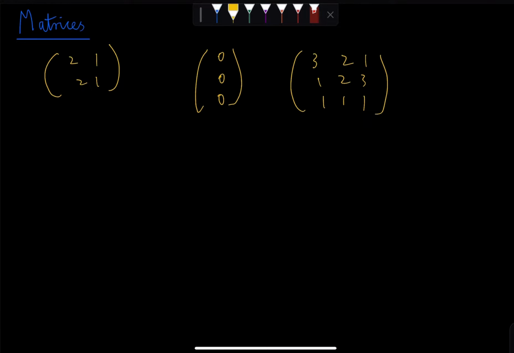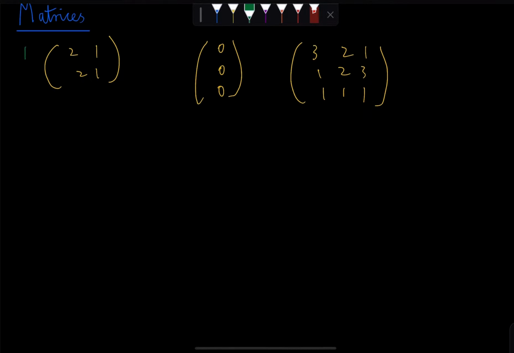So first of all, let's look at this first matrix over here. The first thing you need to do is count the number of rows. So there's 1, there's 2. That's 2 rows. So you write 2 here. The next thing you do is you write this multiplication sign, which isn't actually a multiplication sign, by the way.